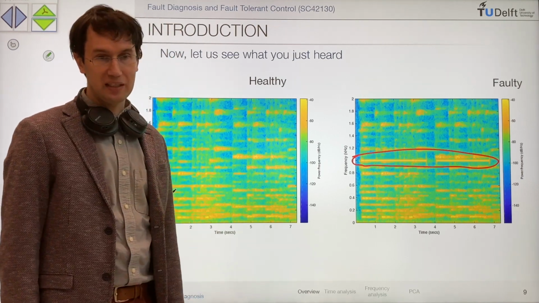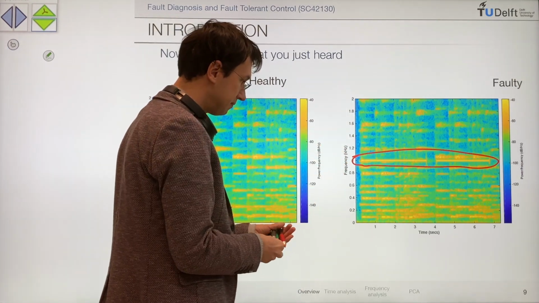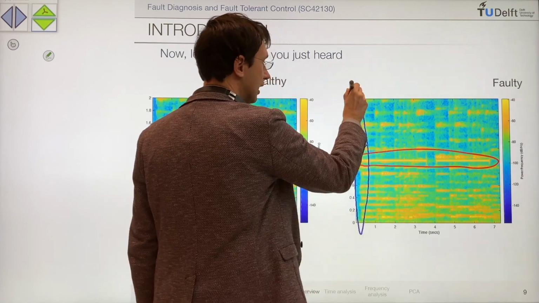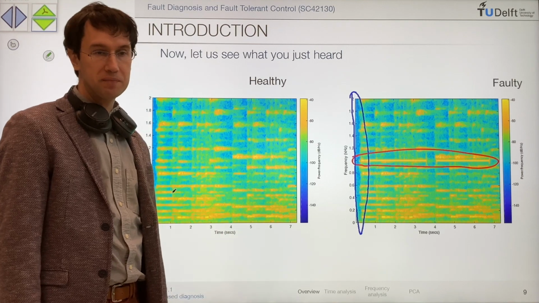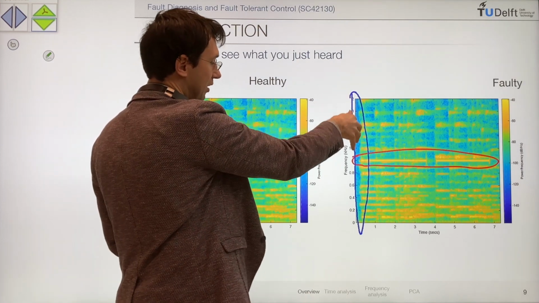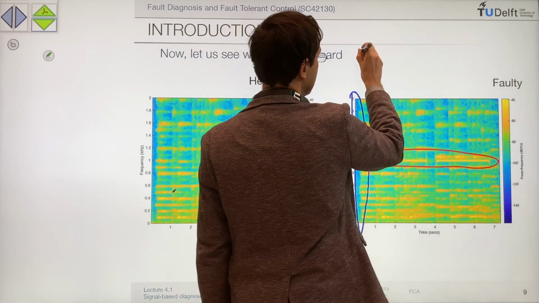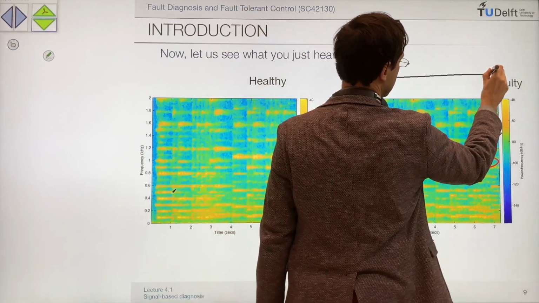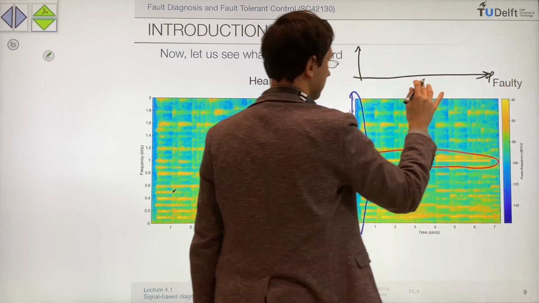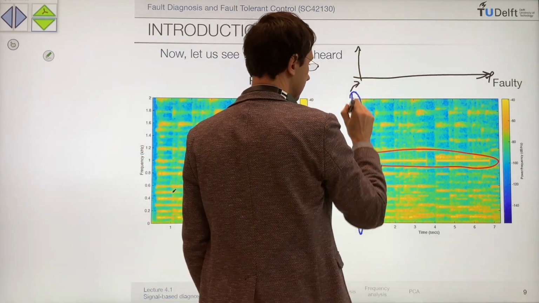What can we do to detect it? Well, an idea is, let us take a slice of this. So let us look at a given time instant, and we can plot the Fourier transform. So we take the colors that we have here and we convert them back to a normal plot. So now let me put the frequency axis horizontally, and the magnitude here.